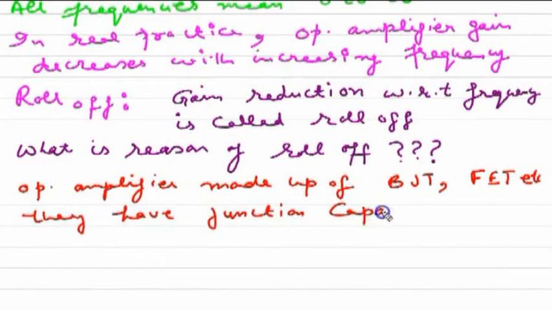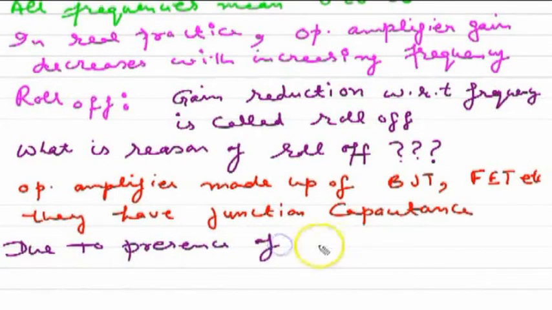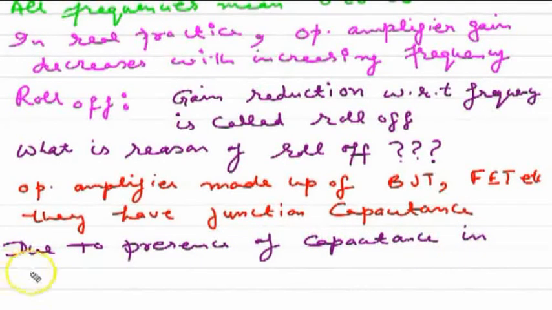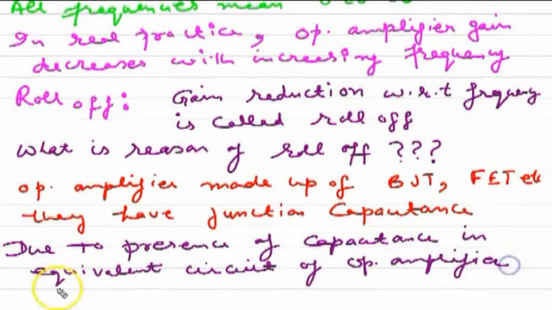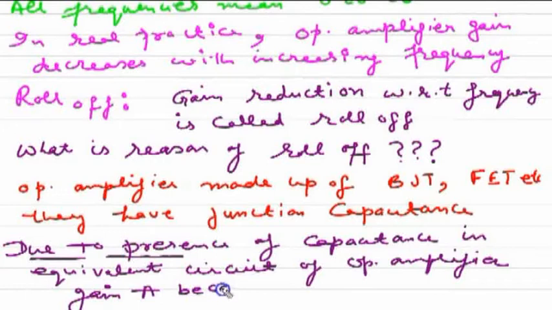As omega increases, the reactance decreases. And because this capacitor is in parallel with the output voltage, a part of the signal becomes grounded, with the result that the output decreases with increasing frequency, and hence A becomes a function of the frequency.